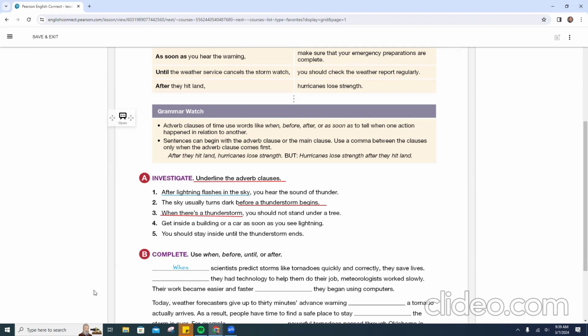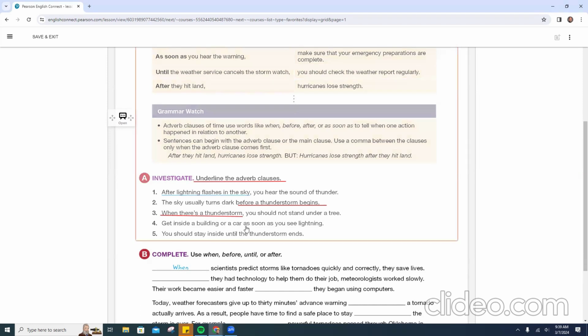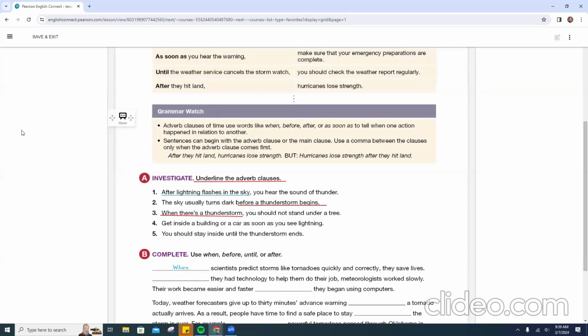So on this one here, the adverb clause would be as soon as you see lightning. And number 5, you should stay inside until the thunderstorms end. So here the adverb clause, until the thunderstorm ends.